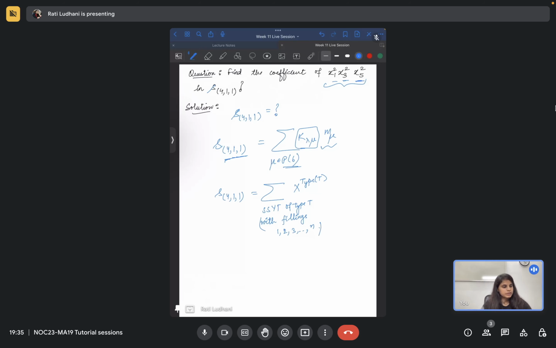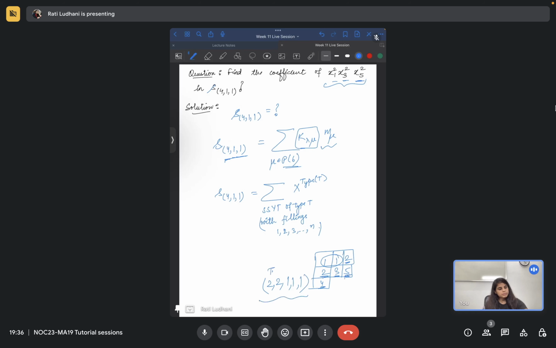For example, if you have something like 1 1 2 2 3 4 5, then the type: 1 has been repeated 2 times, 2 has been repeated 2 times, 3 once, 4 once, and 5 once.